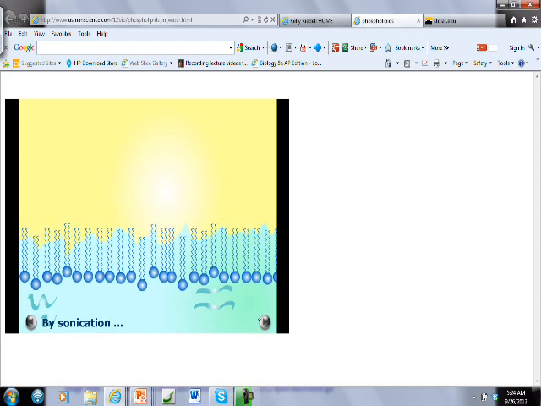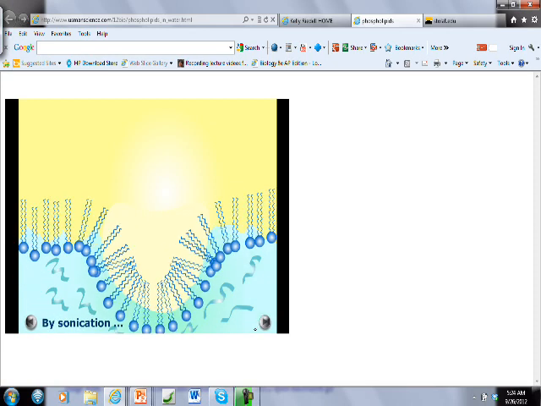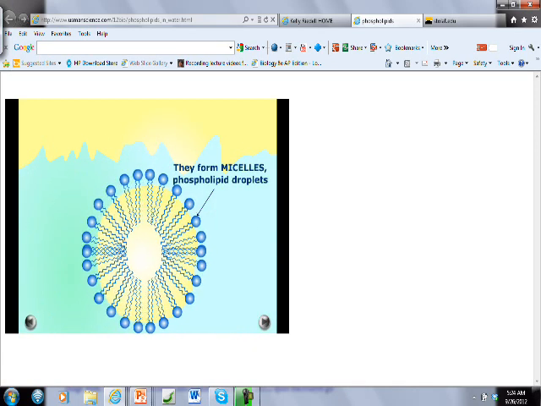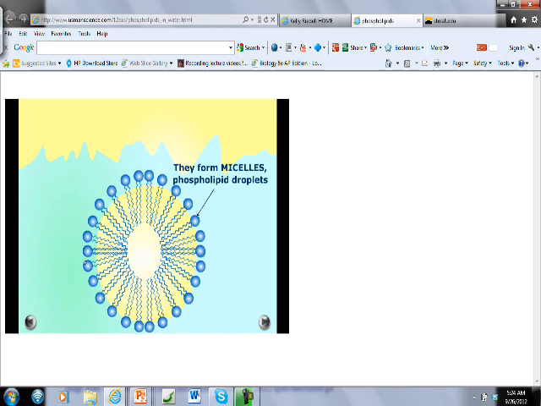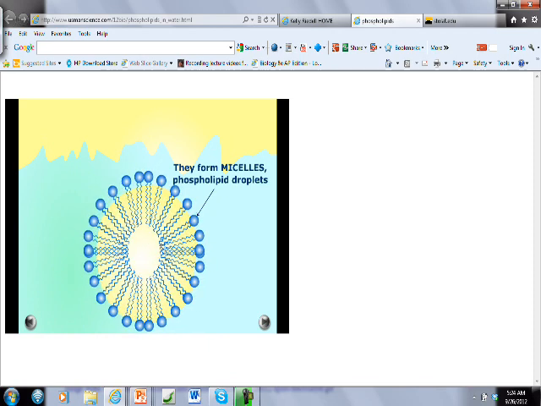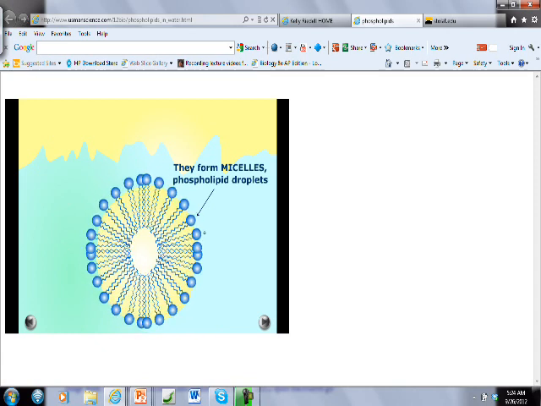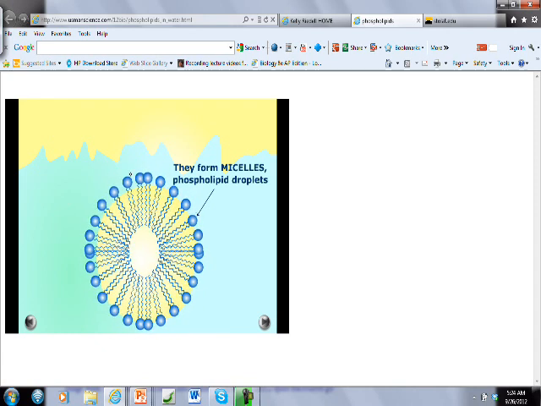If you shake them up, you can get them to form those little spheres. They're called micelles. A micelle is a little sphere made out of phospholipids that has the tails facing toward the center and the heads on the outside touching the water. Remember, you've got to think of this as 3D now.